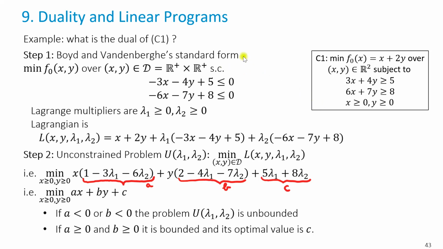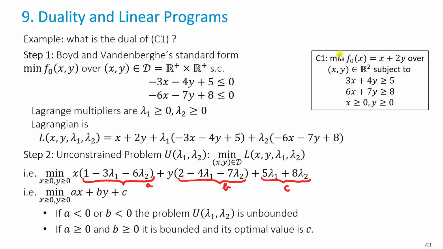So to be consistent with what I said last week, I use the Boyd and Vandenberghe standard form. So let's see, for example, this linear optimization problem that we've seen already last week: minimize x plus 2y over those inequalities on x and y here.